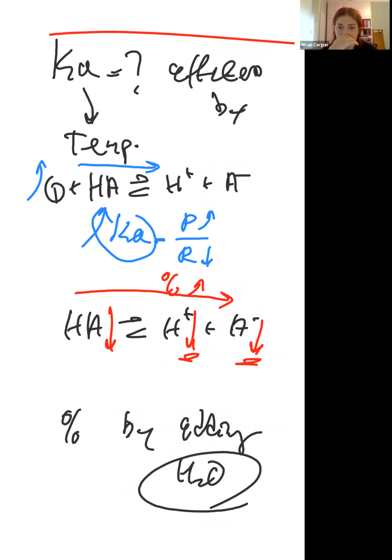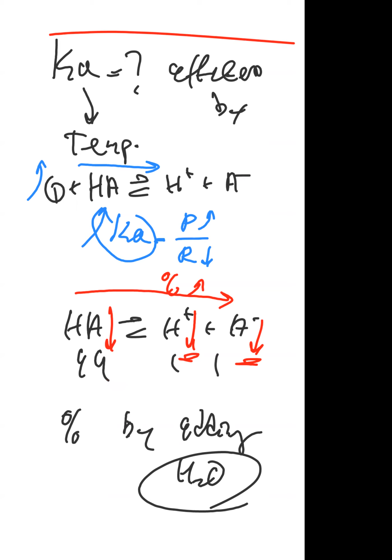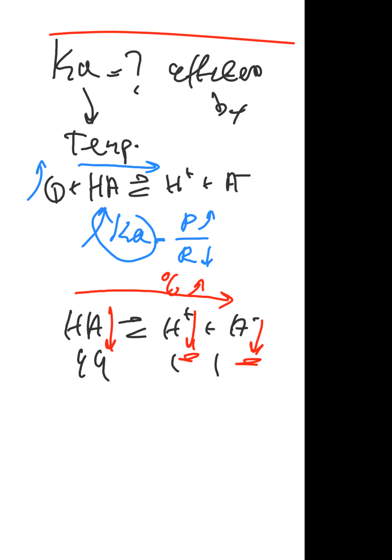For example, initially we have 1% ionization. Then, while the equilibrium shifts to the forward side, let's say 2 more ions are produced. Then we have 3 concentration for ions, but 97 concentration for the initial acid concentration.